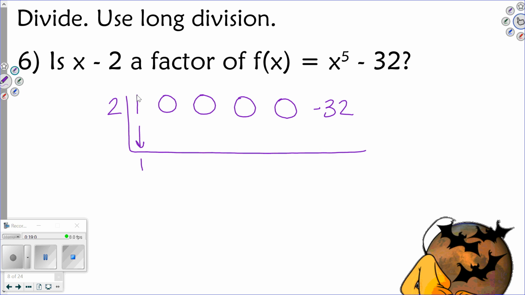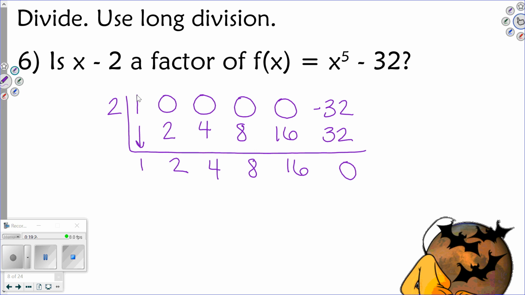So 2 times 1 gives me 2. Multiply, it's 4. Multiply, 8. Multiply, 16. Multiply, positive 32. So that gives me 0.